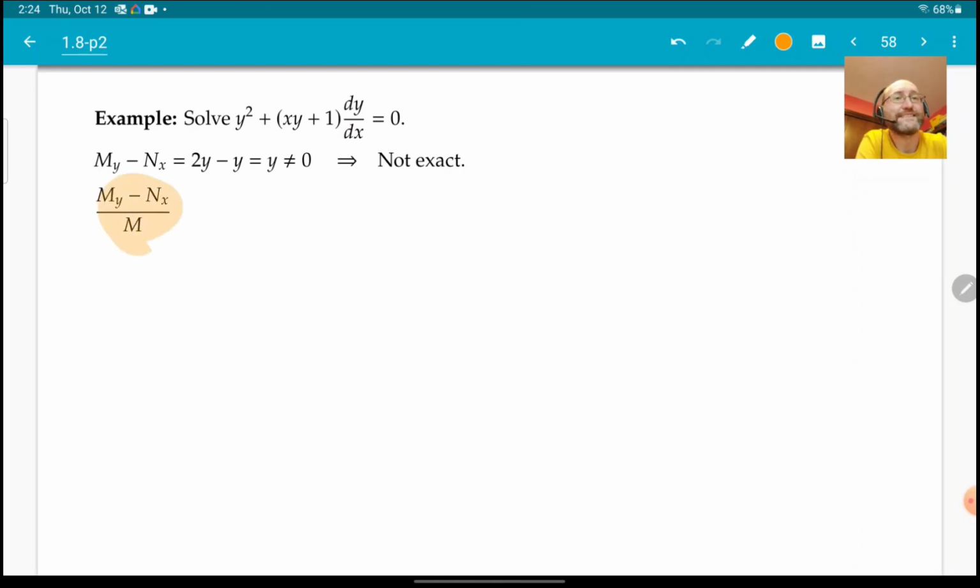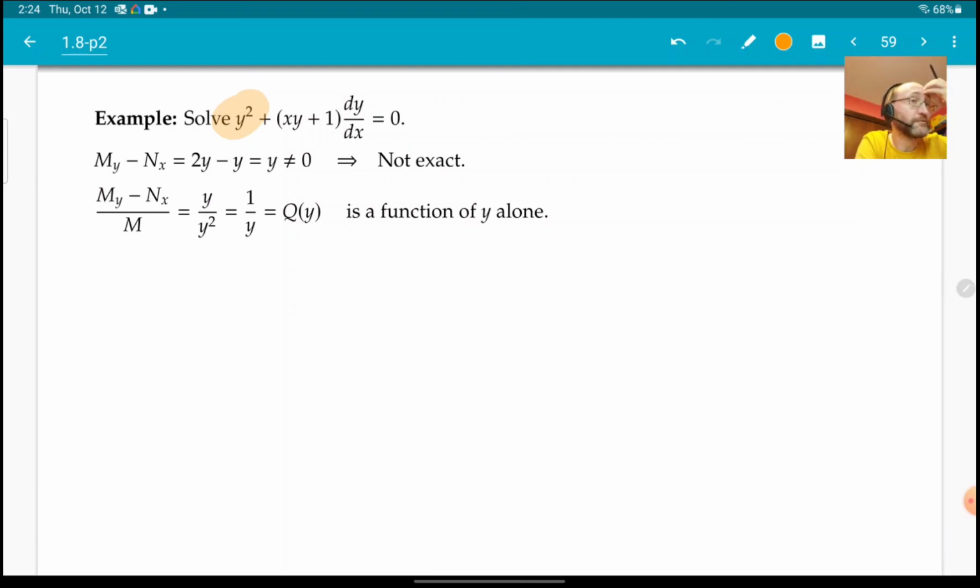Let's look at this thing. Well, this thing, y over y squared, the m, is a function of y alone, right? So this is the other bit. This is where we're going to be looking for an integrating factor that's a function of y alone, right?